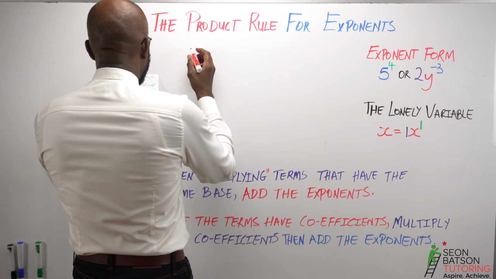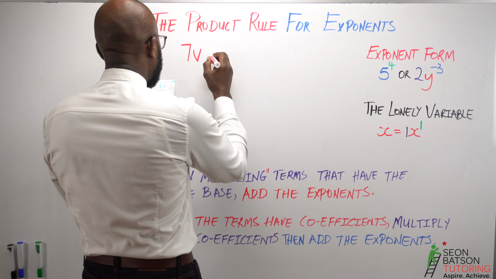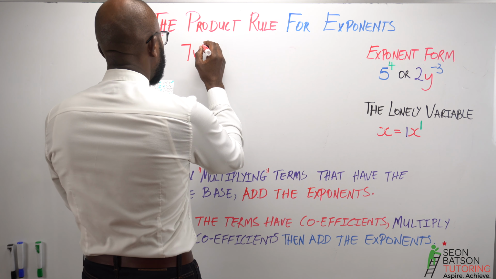All right, let's do 7v to the negative 10 times 2v to the negative 3.